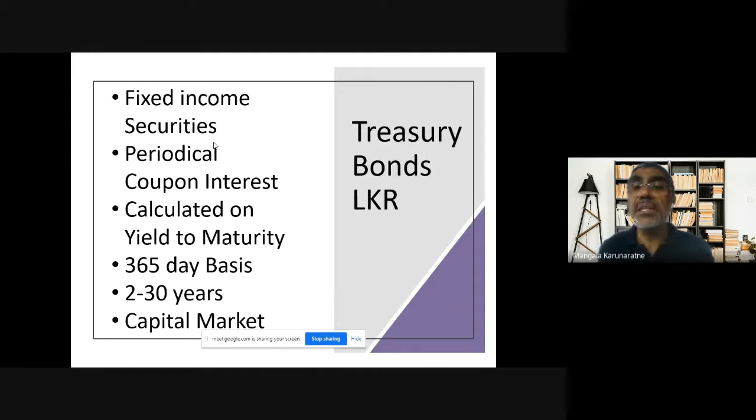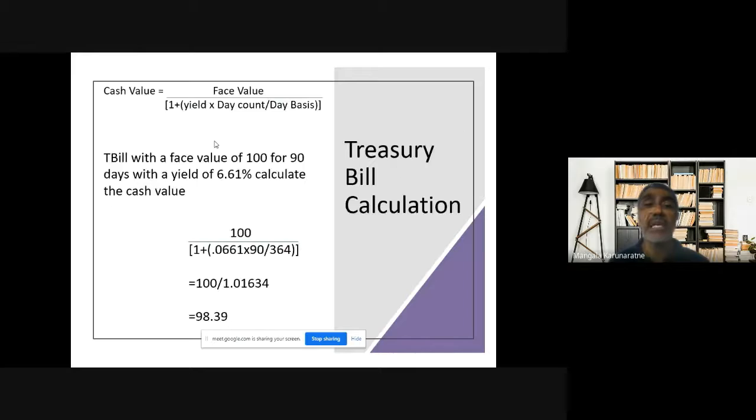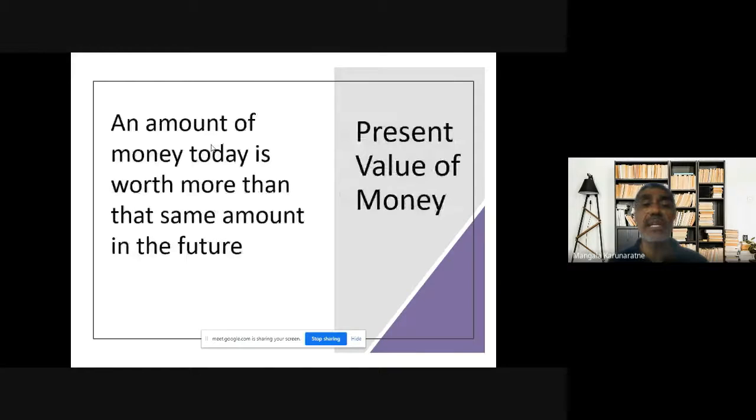Fixed income securities, treasury bonds are fixed income, and they have periodical coupon interest, and the price is calculated on yield to maturity, right?